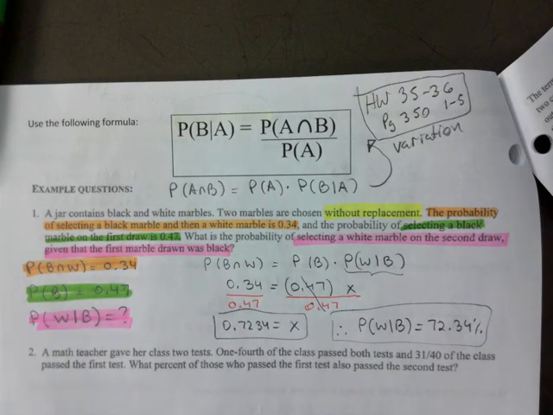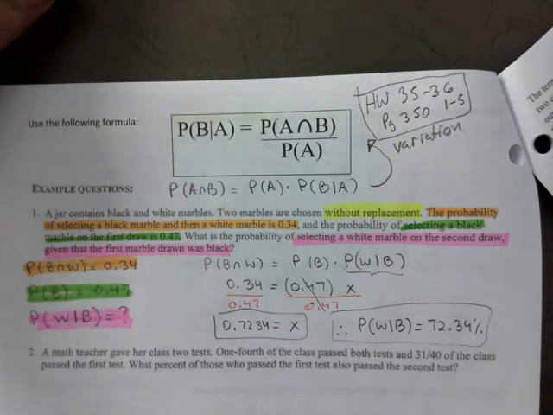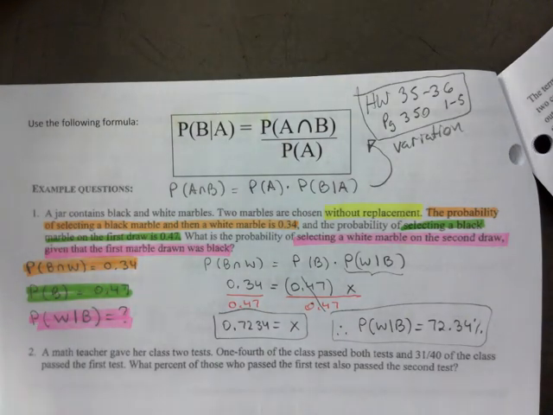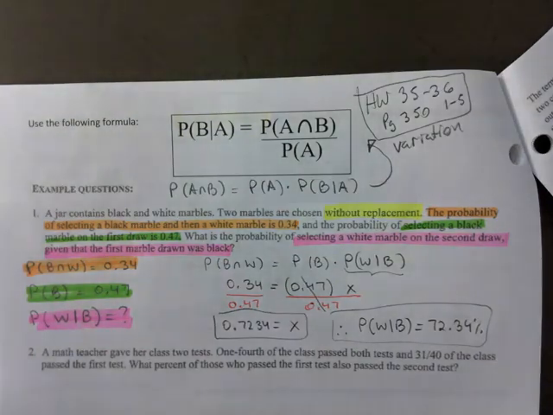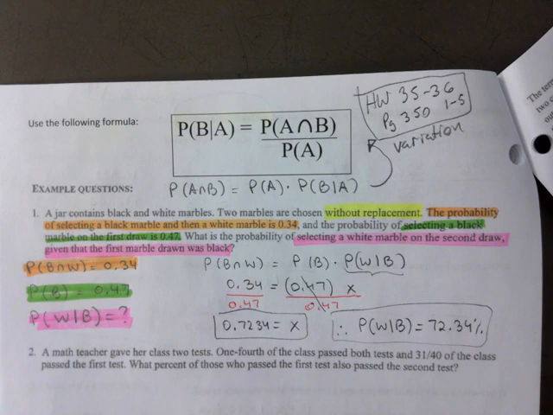On 36, there's also the stuff we did on the previous page with cards and stuff like that. So I will expect you to know how to do dependent probability on the quiz tomorrow. If events are happening and there's no replacement, I want you to know what to do at that point. All right, guys? That's it. Thank you very much. Enjoy the rest of your day.